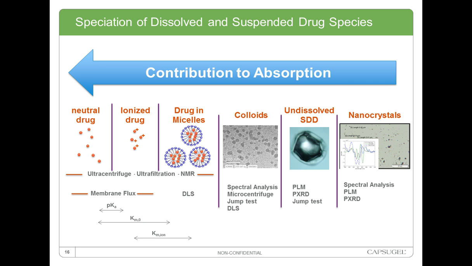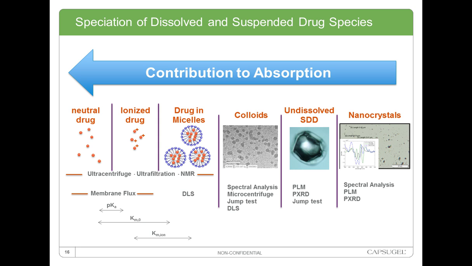When we consider different dissolution testing or other tests of our compounds, we also have to consider what we're measuring. We may be measuring neutral free drug, which we consider to be the most important for absorption. But we also may be measuring ionized drug, depending on the pKa of the compound. Drug in micelles, particularly for high log P compounds.